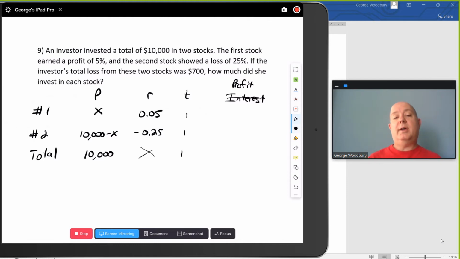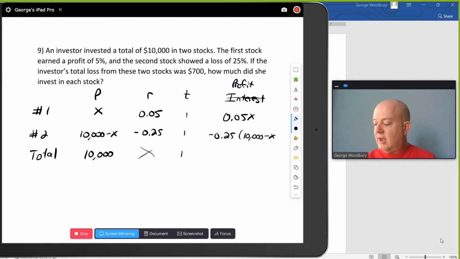And we multiply for each investment to get the profit. So X times 0.05 is 0.05X. The other one is going to be negative 0.25 times 10,000 minus X. And we know that the total loss was $700, so that's negative 700.